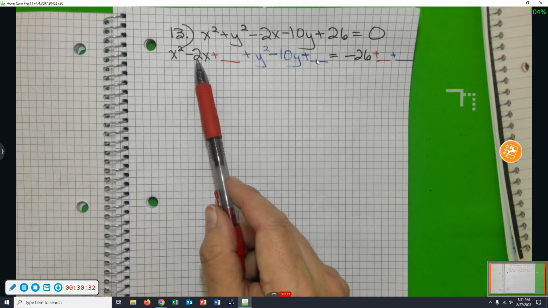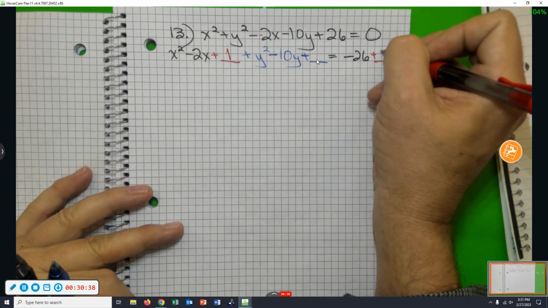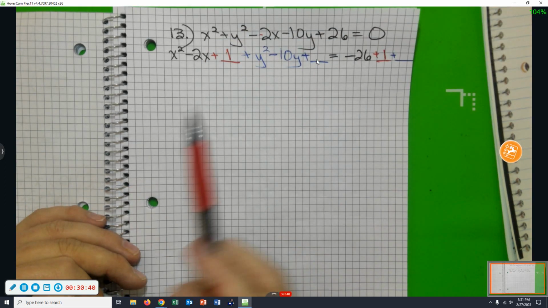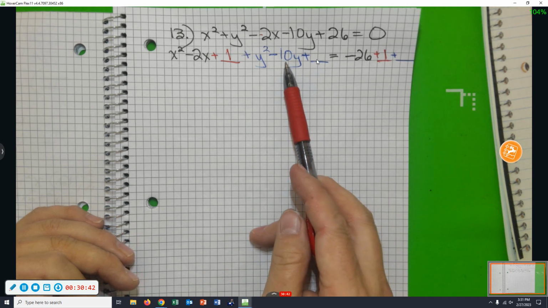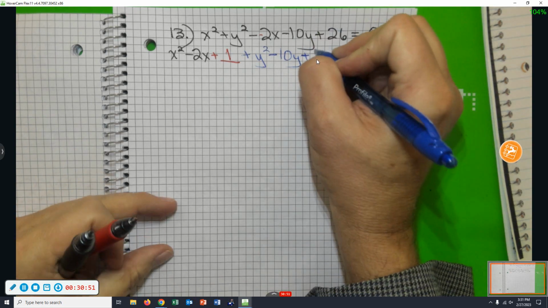I agree. Perfect. Half of 2 is 1. 1 times 1 is 1. So we put a 1 in the red blank. Good. And 25, I agree. 10 divided by 2 is 5. 5 squared is 25. I agree.